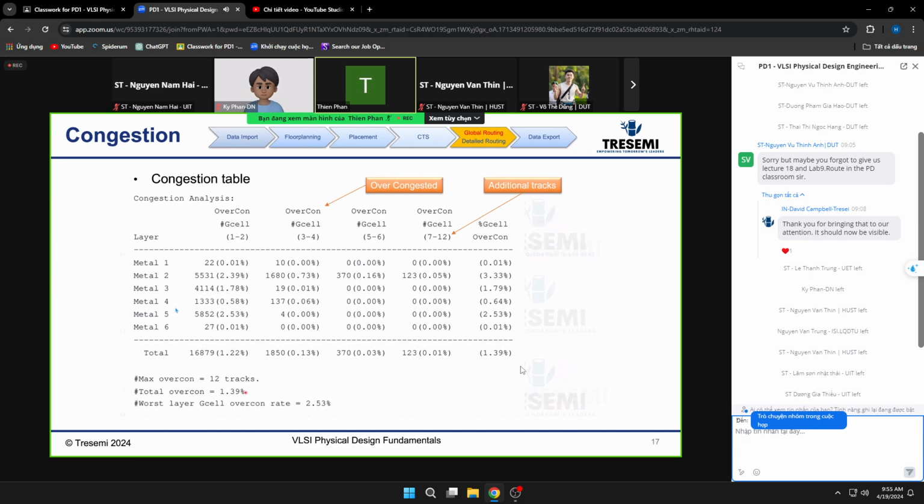So one way to look at it is by looking at this number. It tells you per layer how bad it is. By looking at this, M2 is the worst, followed by M4, and sometimes that makes sense.